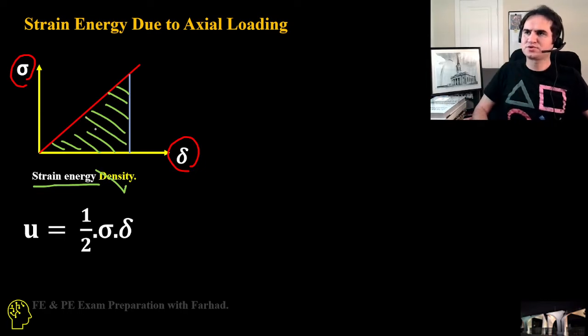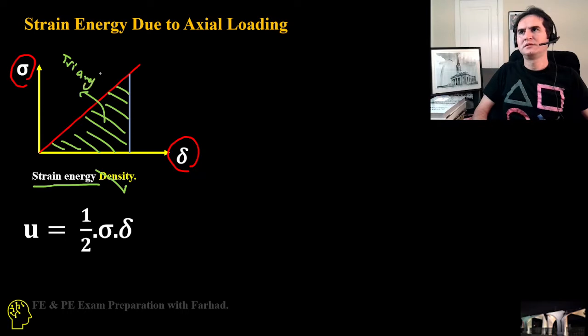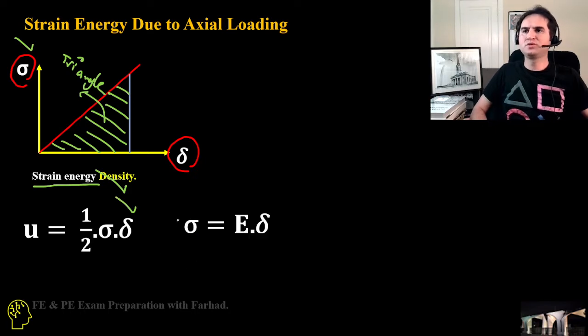This area just shows us the energy density, and we show that by lowercase u, and that's half of the area of this triangle, half of sigma stress times strain. And from Hooke's law, we know sigma is equal to modulus of elasticity times strain. Stress is equal to E times strain.